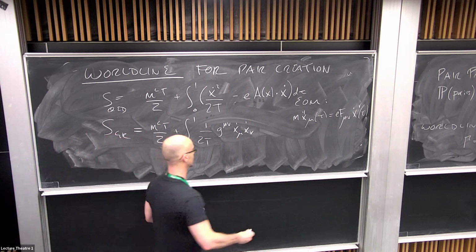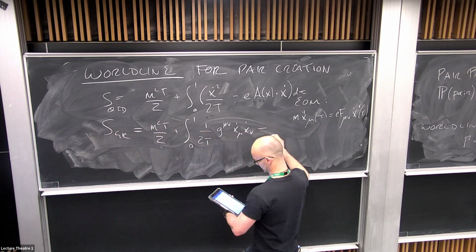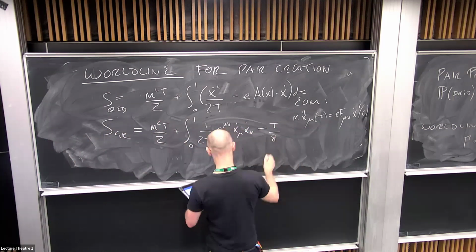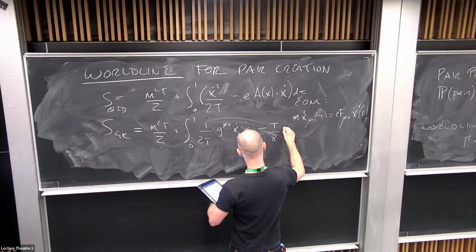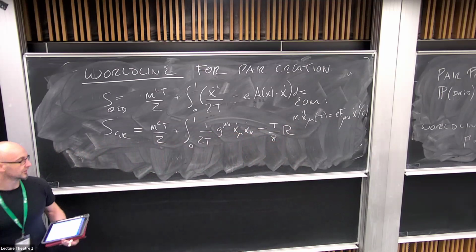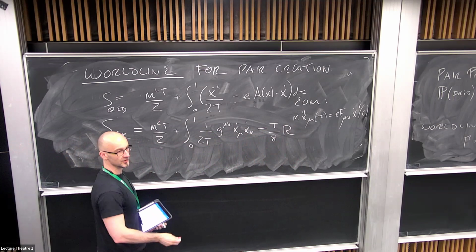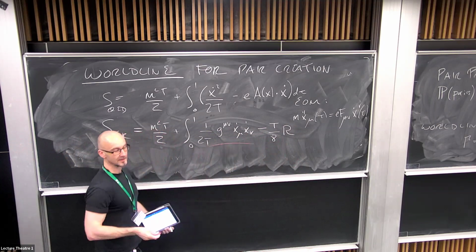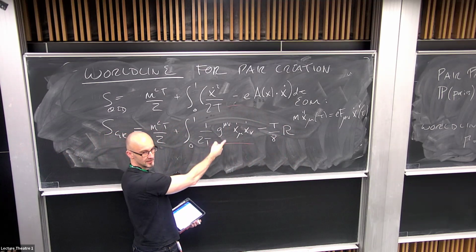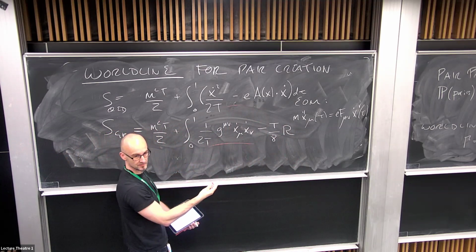And then you get this annoying factor of minus T over 8 times the Ricci scalar. You expect that bit, right? It's the obvious generalization of that bit. You vary this action, you get the equations of motion. It's the geodesic equation.